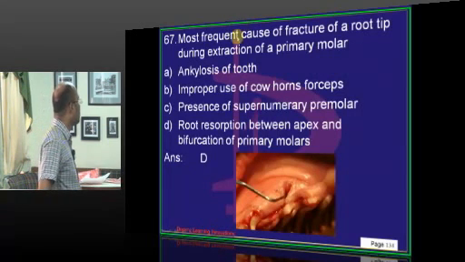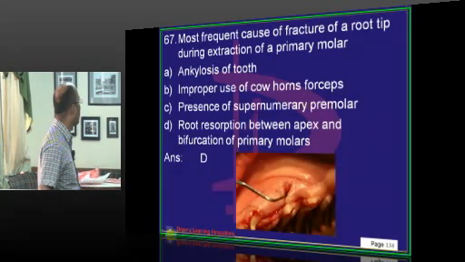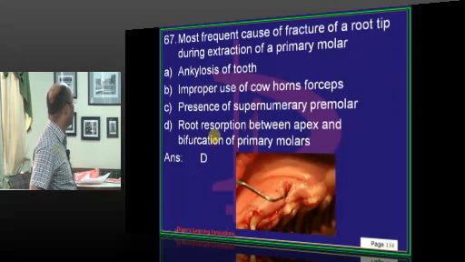The most frequent cause of fracture of a root tip during extraction of a primary molar is the root resorption between the apex and the bifurcation of the primary molar.